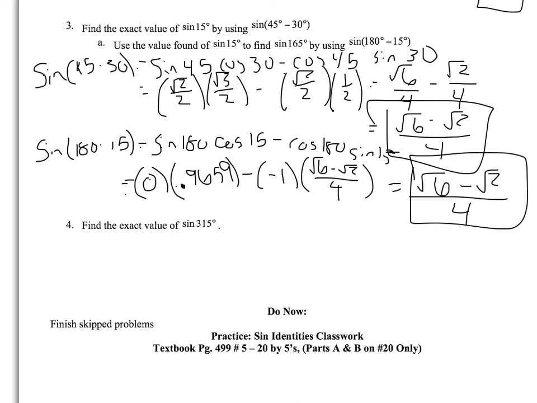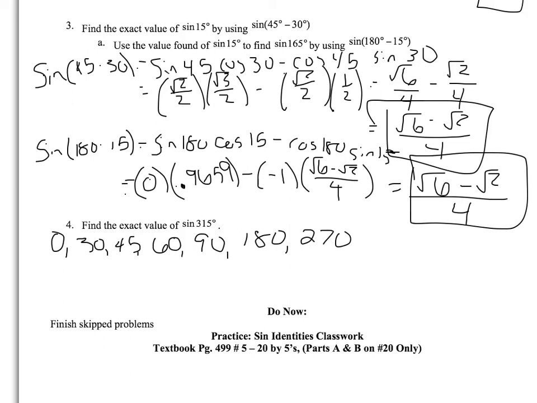Alright, and the last one says find the exact value of sine 315. Remember, when it doesn't tell you which ones to use, these are our options. We have 0, 30, 45, 60, 90, 180, and 270. We need to pick two numbers that either add or subtract to 315.